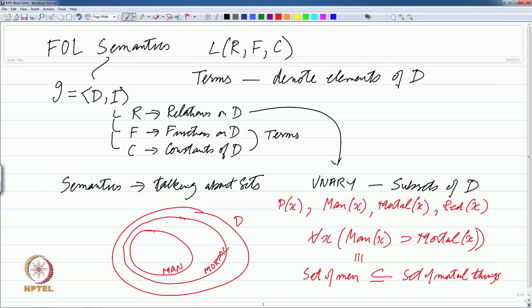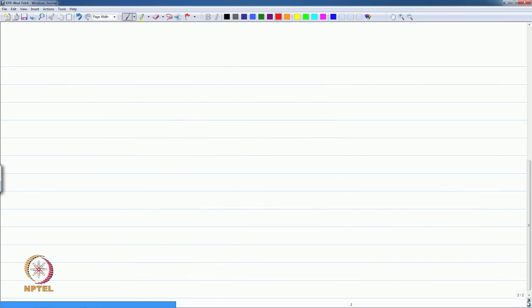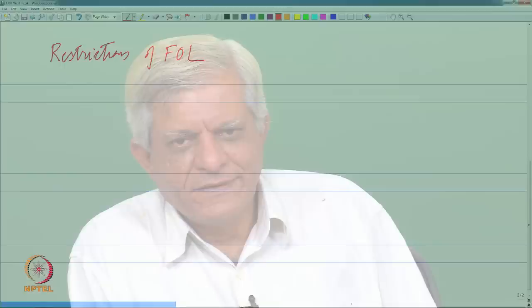Now, obviously, this can be very restrictive in nature. So, if you want to use first order logic for knowledge representations, there are many things that are difficult to express in first order logic.